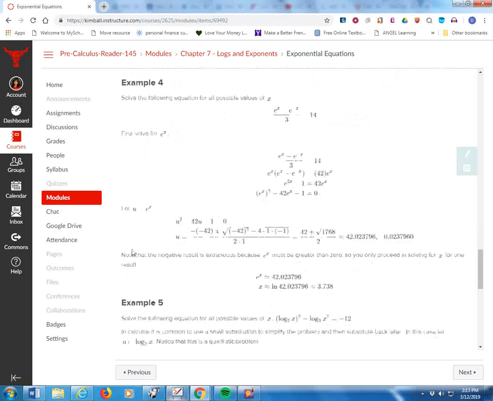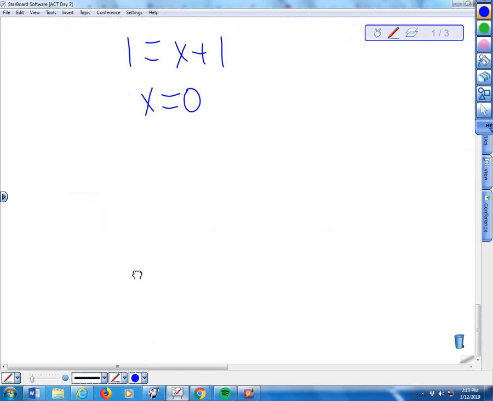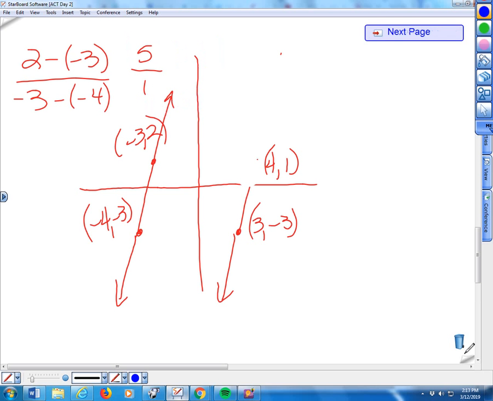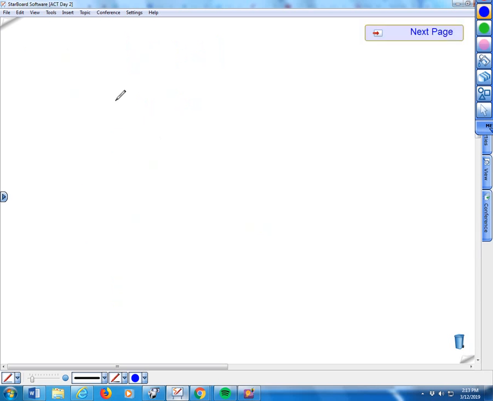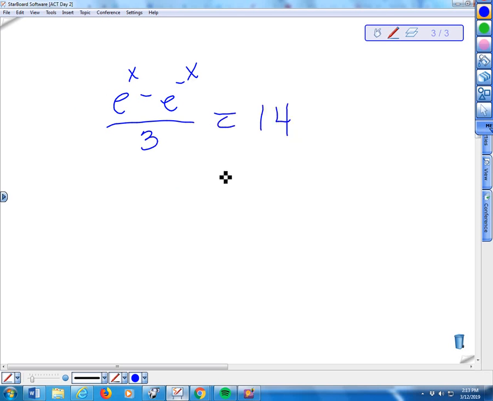Let's do this one. e to the x minus e to the negative x over 3 equals 14. So I'm going to multiply by 3.